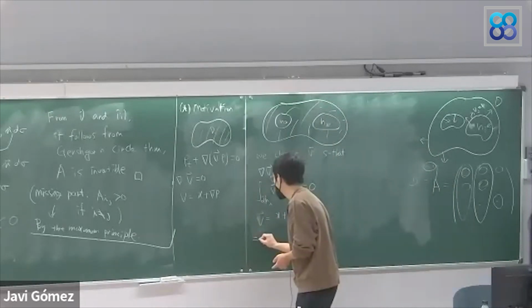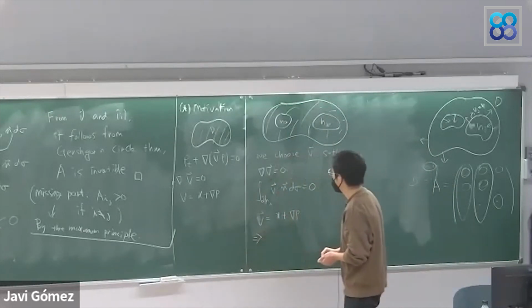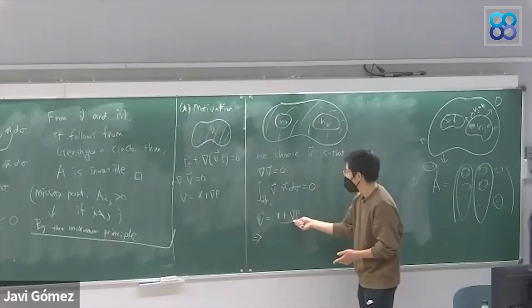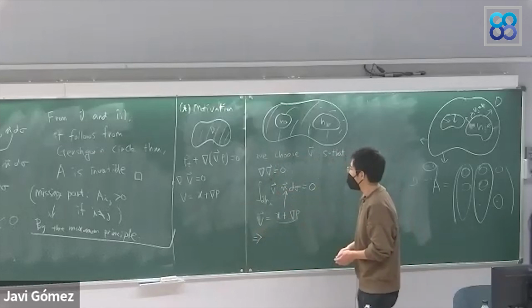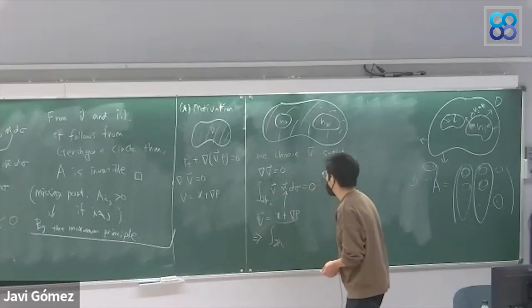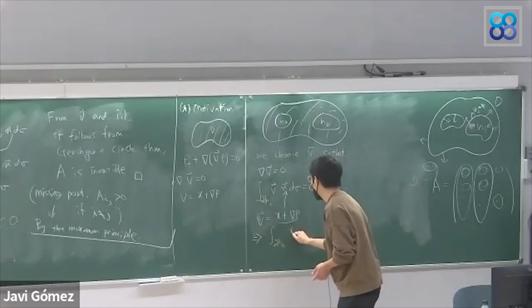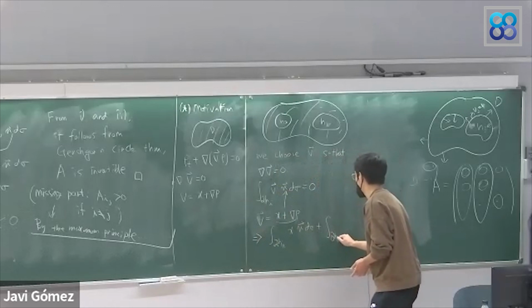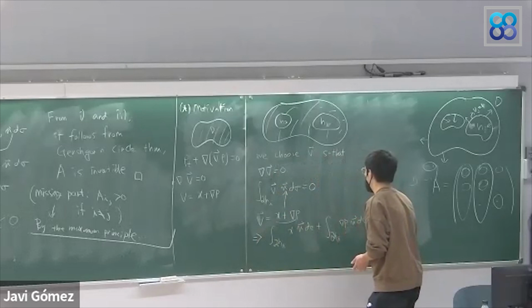So then what condition do we require on P? So let's plug this into here. Then we get the integral of x dot n plus the integral of grad P dot n over sigma.